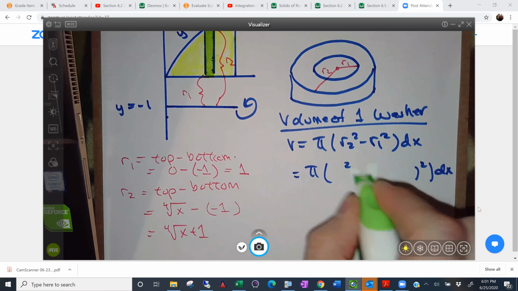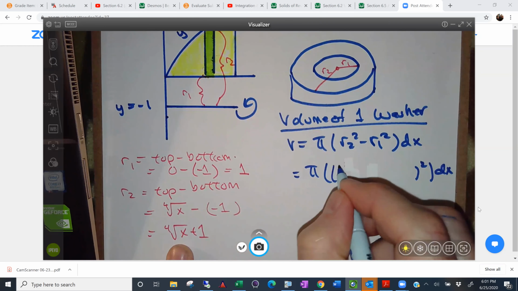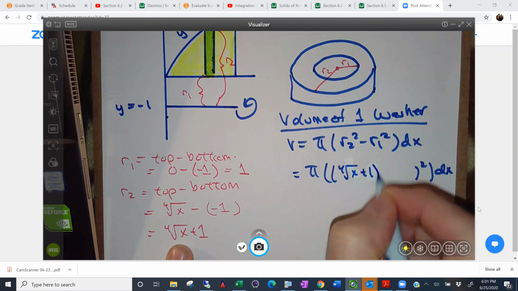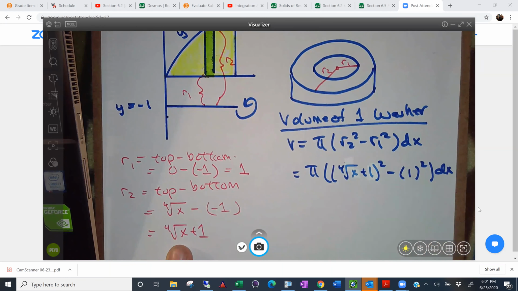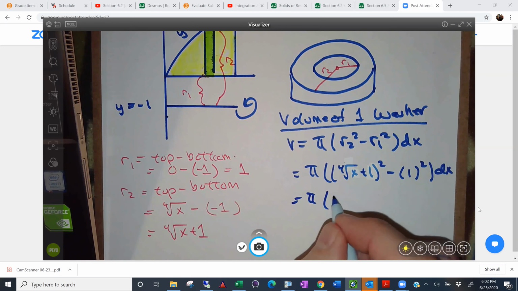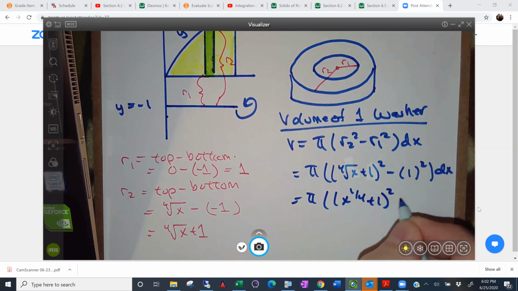Tried to save myself a little time. So it's going to be R2 squared, which is the fourth root of x plus 1 squared, minus 1 squared. So there's your R2 minus R1, both squared. It may help to write this as x to the 1/4 plus 1 before you square it out.